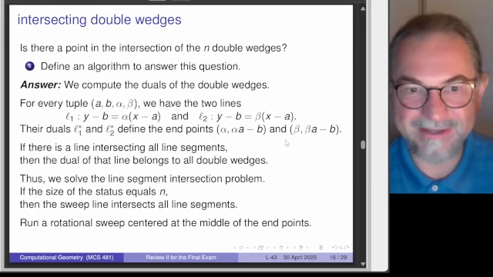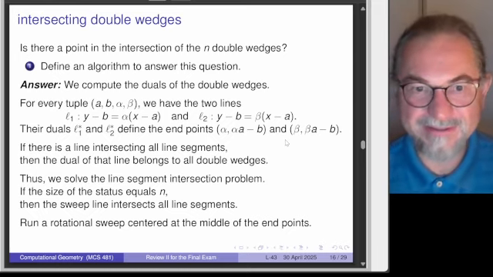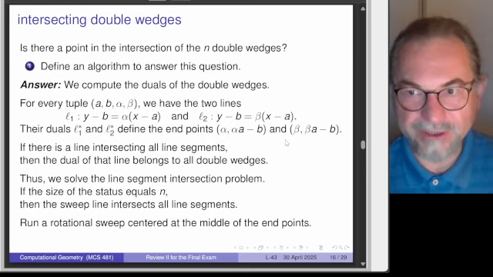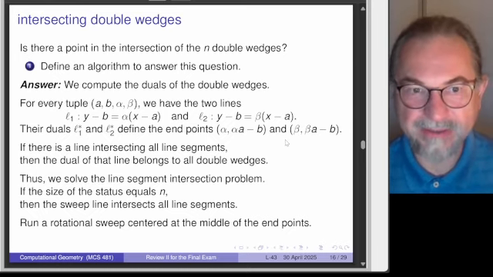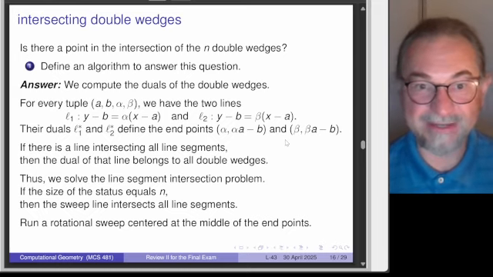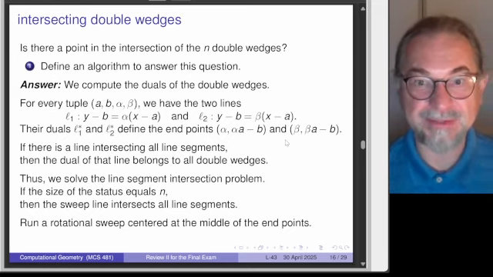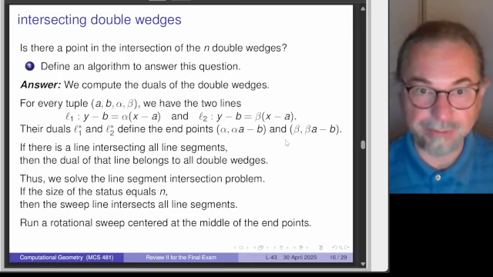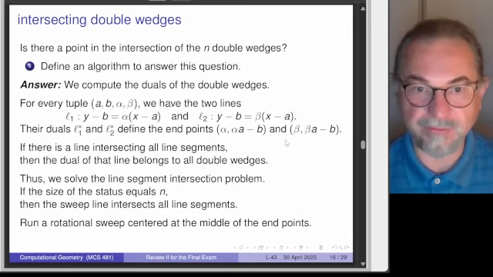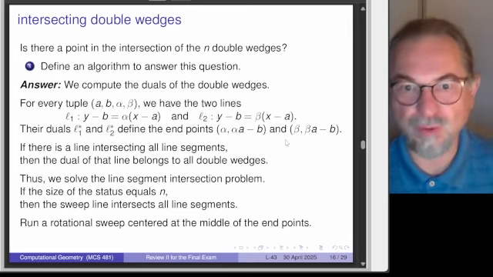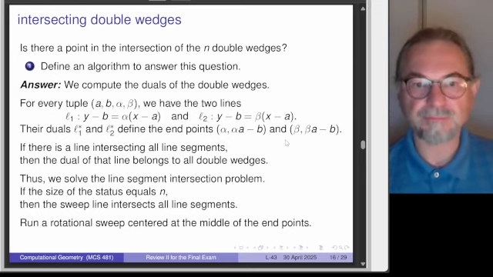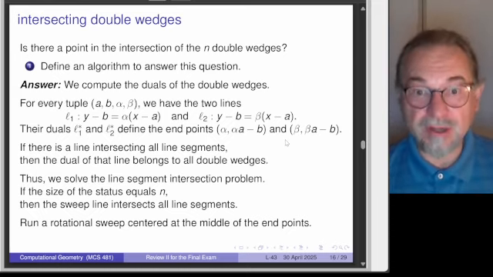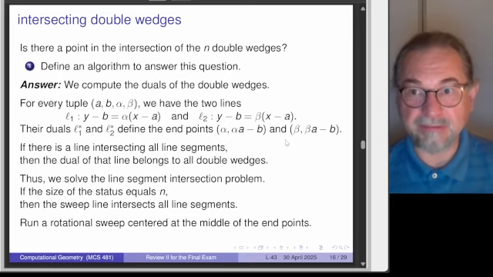So the point is that we have dualized this. Every wedge corresponds to a line segment. If there is a line that intersects all those segments, then the dual of that line is a point that belongs to all the double wedges. So we solved the line segment intersection, but there is somehow a catch.